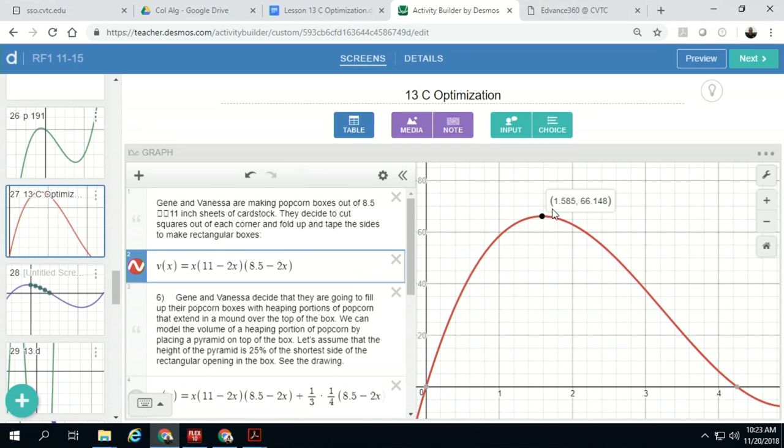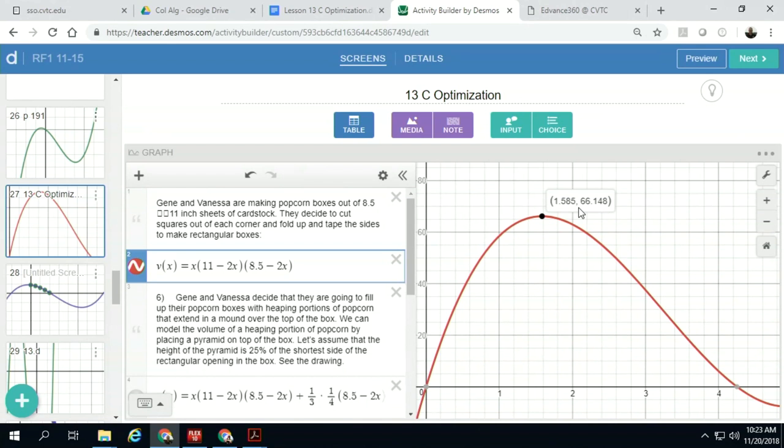at the point 1.585. So I had one of the students make a box that was 1.585 tall. This is the ultimate size of holding the popcorn. Now what she did first of all is she made it 1.585 centimeters tall, and I was like, dude, that does not look like 1.5 inches.